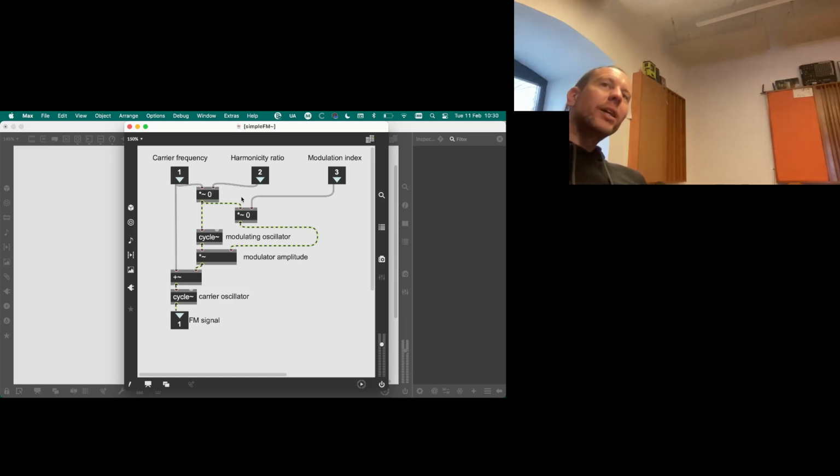And then the other thing that happens here is that if I had direct access to modulation depth, which is this parameter here, then depending on the carrier frequency and the harmonicity ratio, thus the modulation frequency, the level of the sidebands would change.